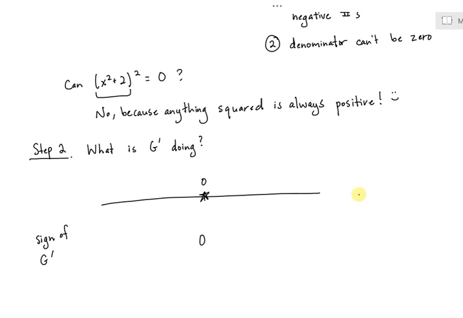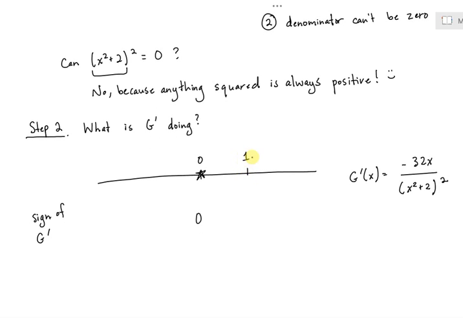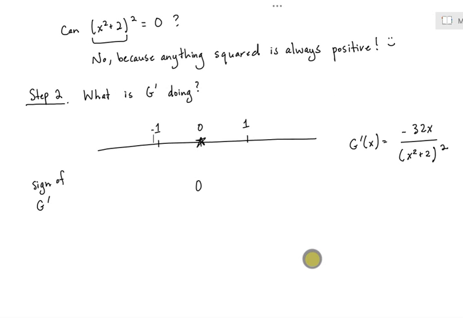So remember, I have g prime of x is negative 32x over x squared plus 2 squared. So let's just pick a test point. I'm going to pick 1 over here, and I'm going to pick negative 1 over here, and I'm going to evaluate them and see what I get. So g prime of 1, you can pick any number you want.